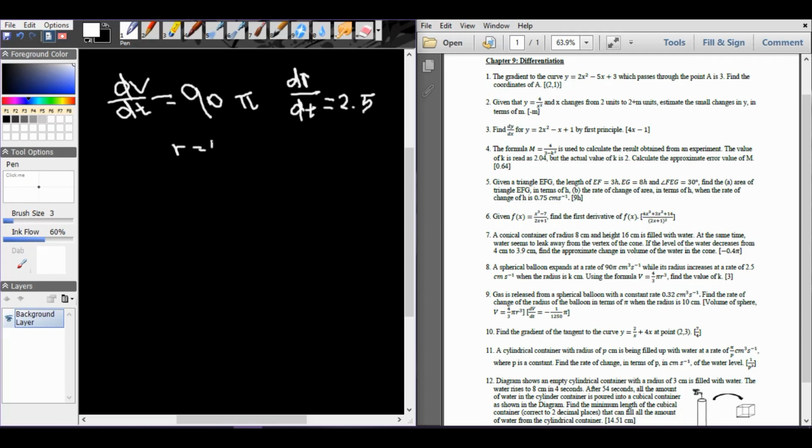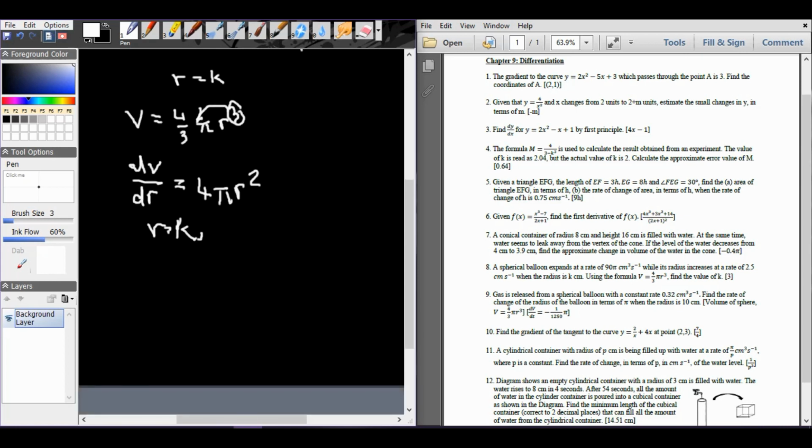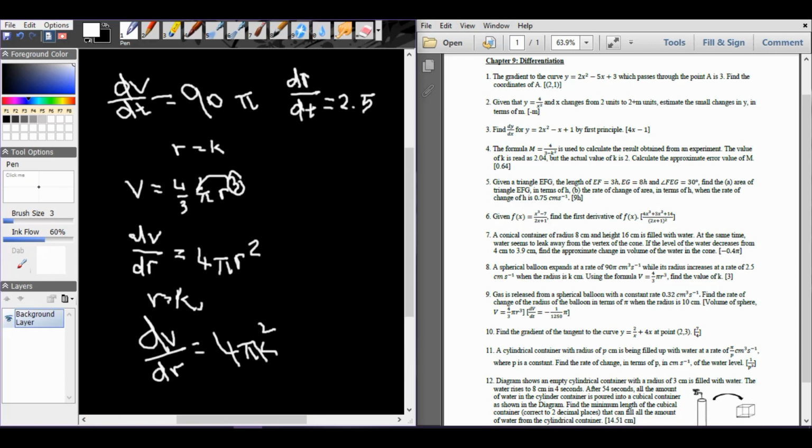R equals K. So find the value of K. Okay, so we are given the formula V equals 4 over 3 pi R cubed. We can differentiate it: dV/dr equals, bring down the power of R, 4 over 3 times 3, so 4 pi R squared. When R equals K, dV/dr will equal 4 pi K squared.